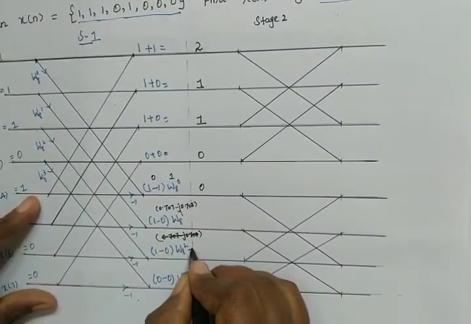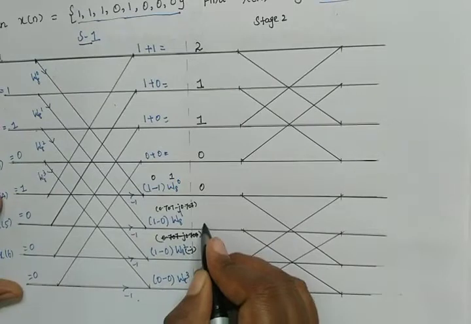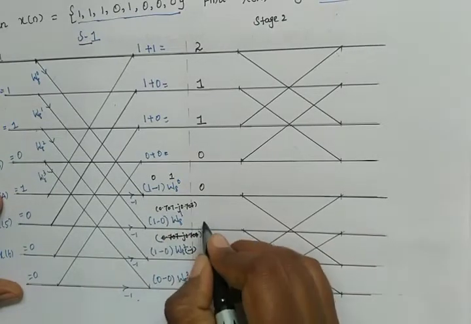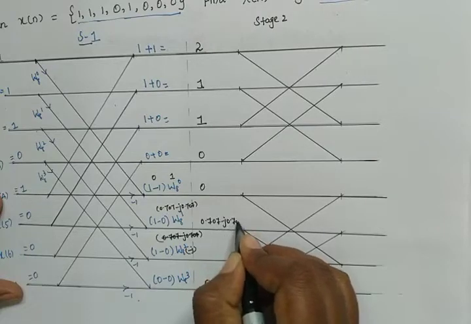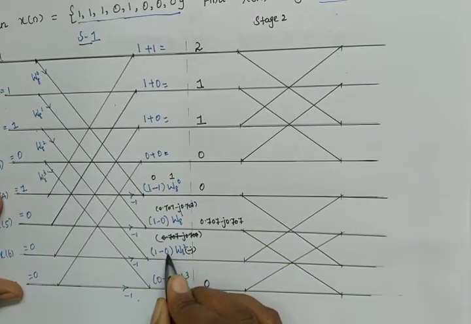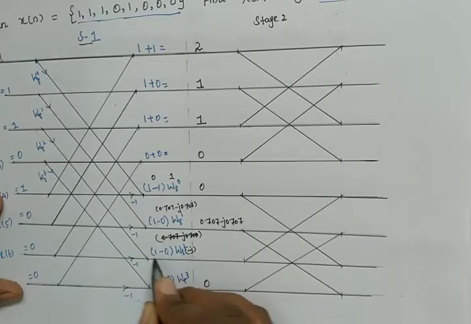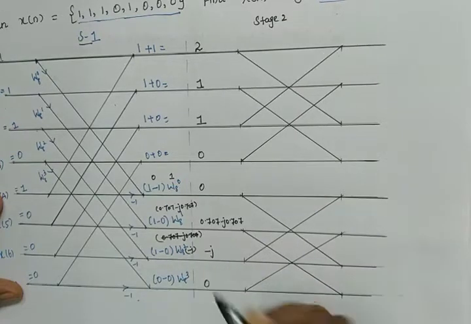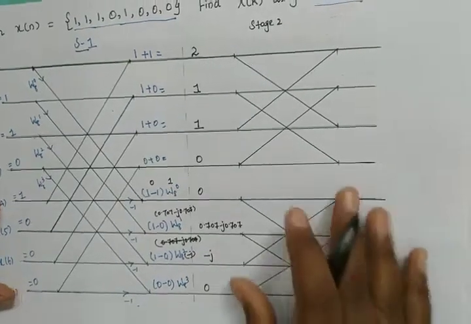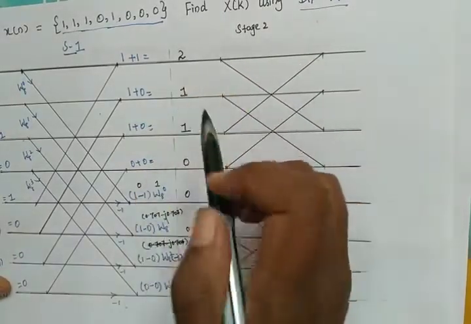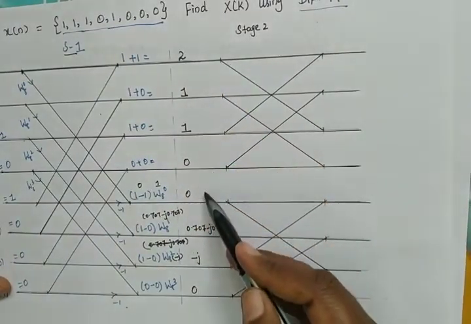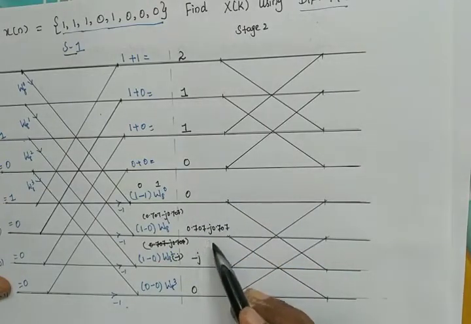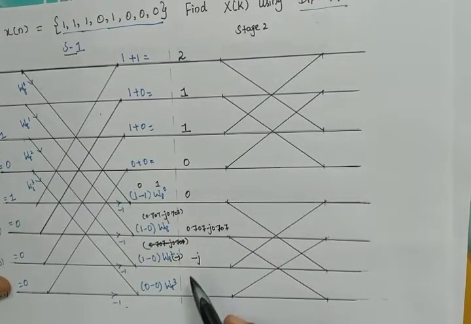W8 power 2 is minus J. So here minus J should be multiplied. Now what is the answer here? So 1 into, so we have 0.707 minus J 0.707. And here it is 1 minus 0 into minus J. So 1 into minus J, this will be minus J. And here it is 0. Now what is the input for stage 2? 2, 1, 1, 0, 0, 0.707 minus J 0.707, minus J, 0.